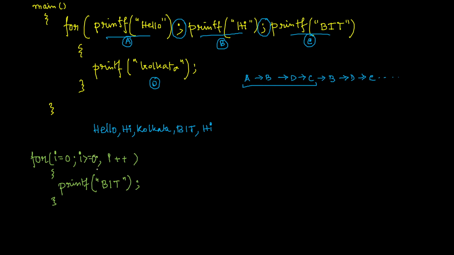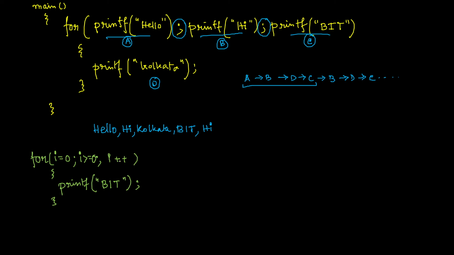You see what will happen? i has been initialized to 0, 0 greater than or equal to 0, yes, it's true. So BIT will get printed and then i will be incremented by 1, so i will become 1. Now this part again comes, so 1 greater than or equal to 0, again true.